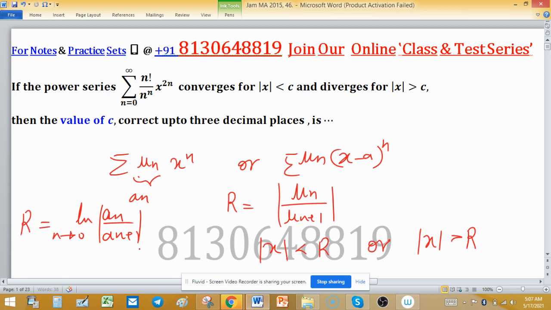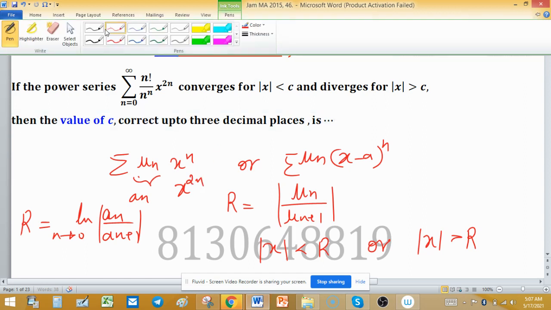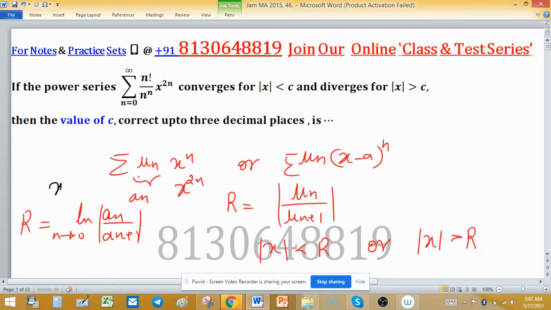Because this is not in standard format, with x raised to the power 2n, you can either replace x raised to the power 2n by z, or x square by z. That will help you understand better.